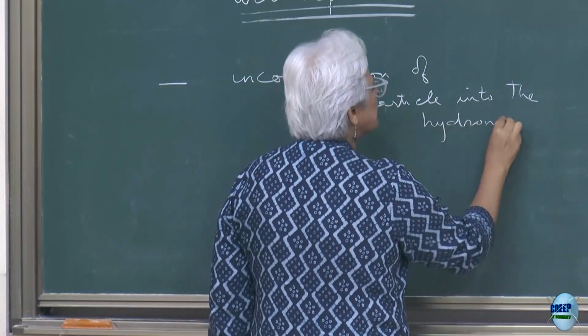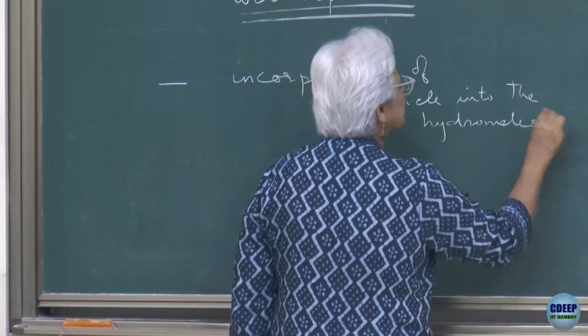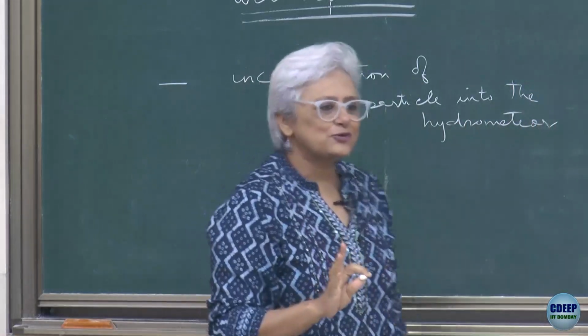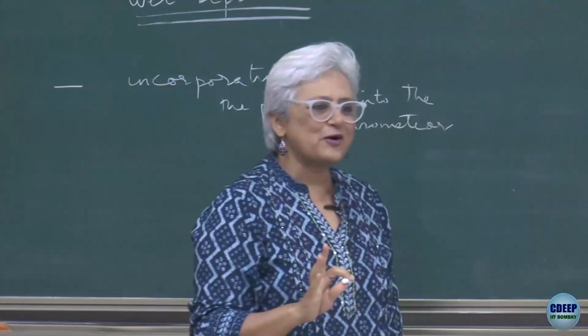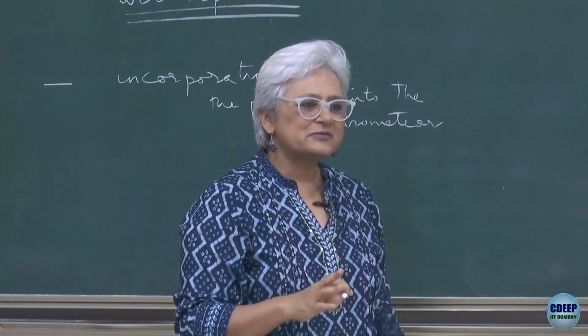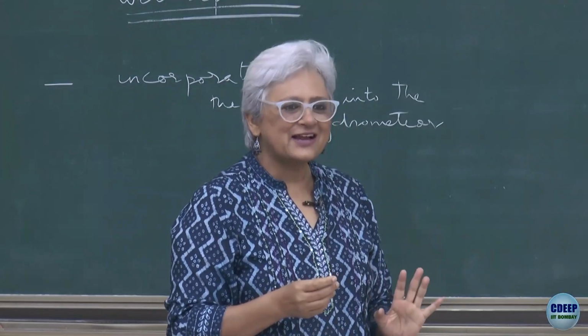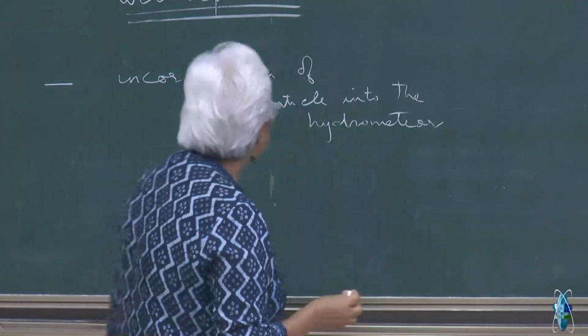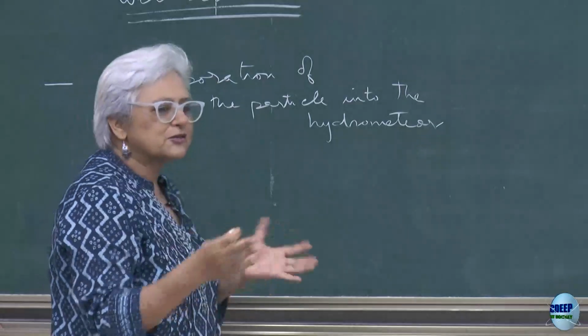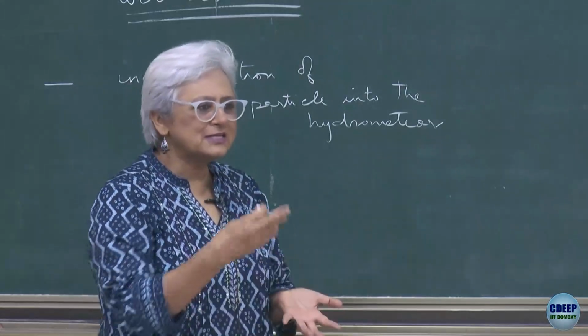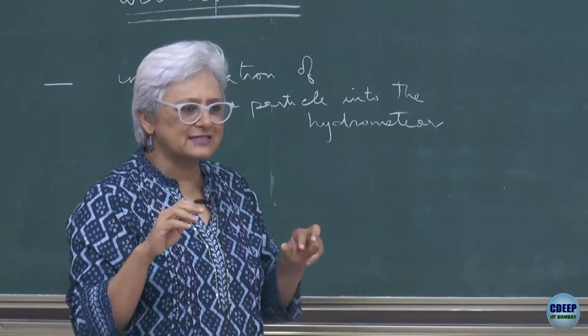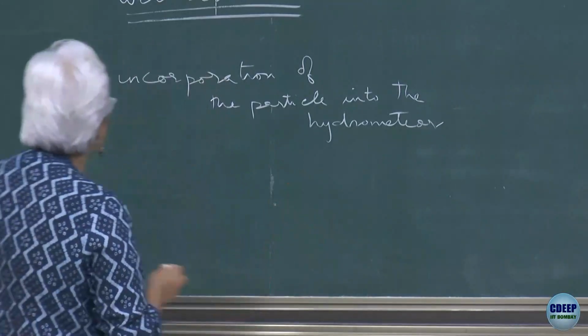So hydrometeor just means we are talking about a cloud drop or a raindrop or a snowflake or a piece of hail, etc., right. So incorporation of the particle into it, and that is where our theoretical understanding of particle mechanics comes in.